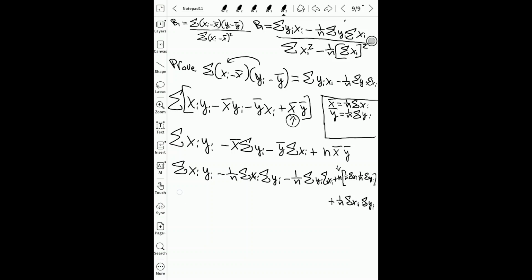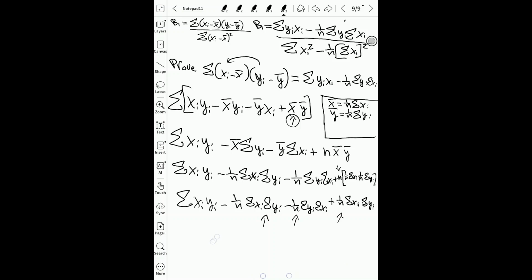So now I'm going to rewrite this whole thing. xi yi minus 1 over n sum of xi, sum of yi, minus another 1 over n sum of yi, sum of xi, plus 1 over n sum of xi, sum of yi, right? So we can see that these terms are all the same quantity. Two of them are negative, one of them is positive. So once we add them together, we're just left with one negative of that.